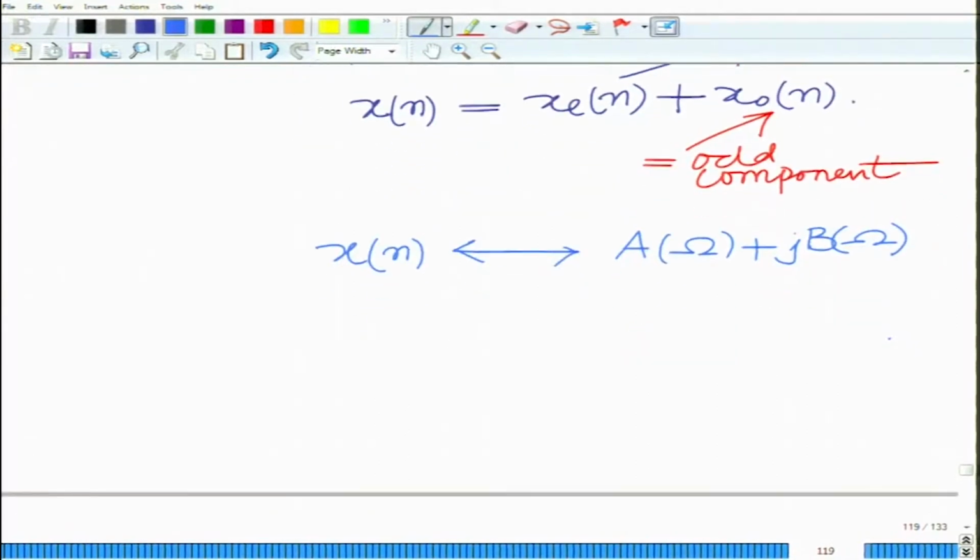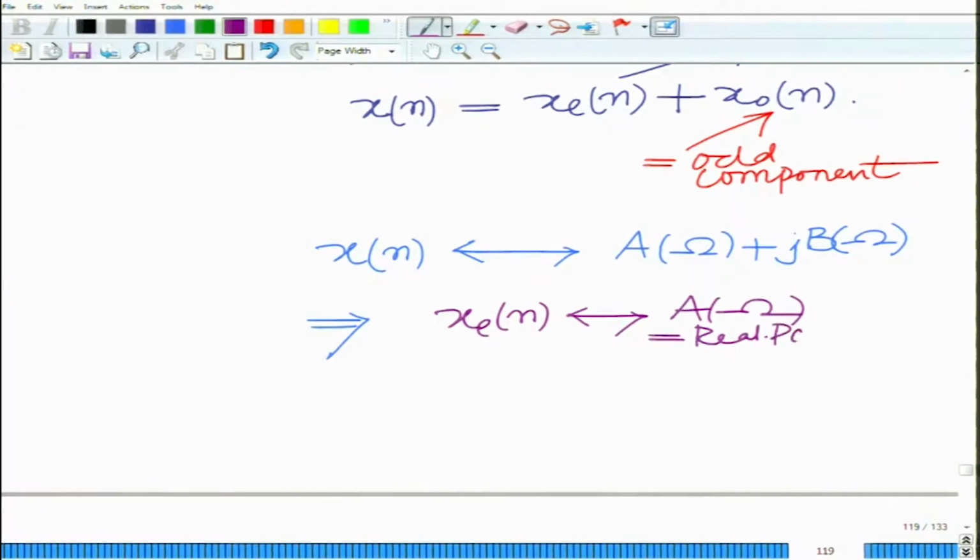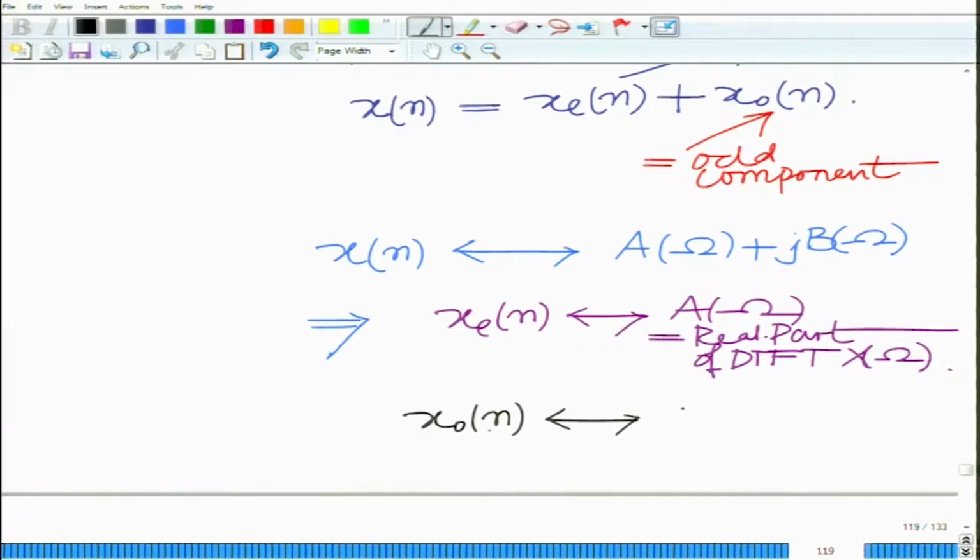If you can express it as A(omega) plus j times B(omega), then it can be shown that the even component has the DTFT A(omega), that is the real part of the DTFT X(omega), and similarly, as you can expect, the odd component has the DTFT given by j times B(omega).